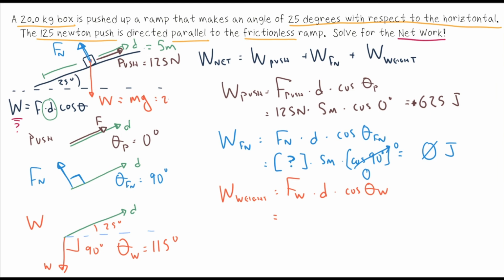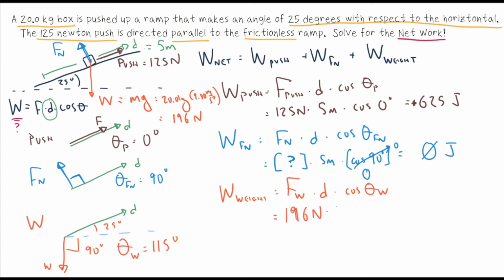So we take 20 kilograms times 9.80 meters per second squared, and we get 196 newtons. Resist the temptation to put a negative sign there. Yes, weight is acting down. We're not worried about that for this scenario. We just need to know the magnitude of the weight. How much weight is there? So we know that the weight now is 196 newtons.